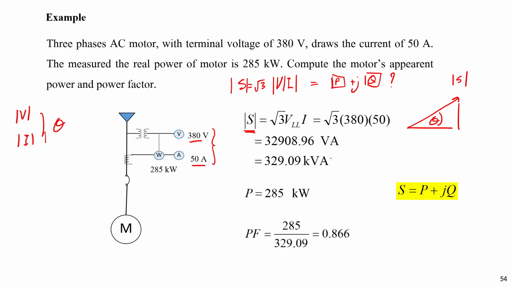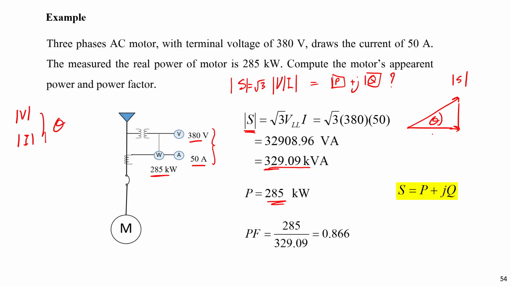So in this case, we get the apparent power at 329.09 kVA, and we know that the real power is 285. So now we have the information, if we have the meter to measure how much the watt of the motor.